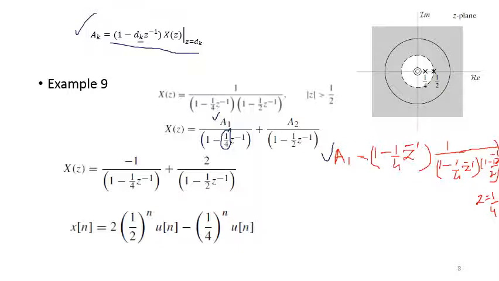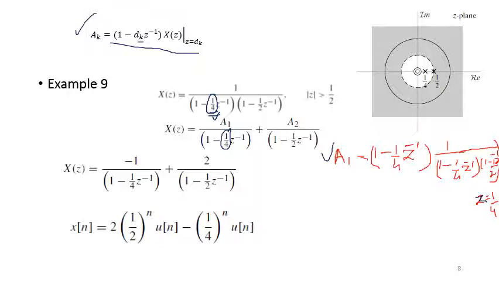Now for k equals 1, we have A1 equals 1 over 1 minus 1/4 z inverse multiplied by X of z, with z equals dk. Now we have two poles, and we have one at 1/4, so I replace d by 1/4.